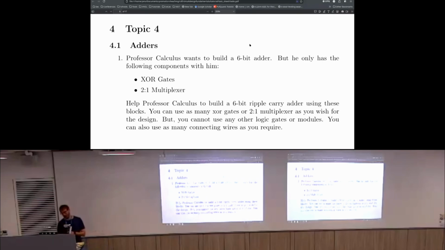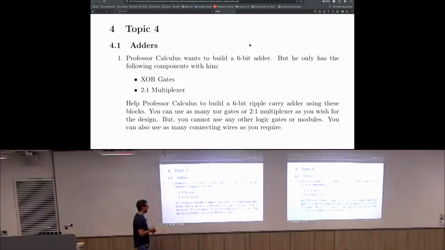And we have a task at hand where Professor Calculus wants to build a 6-bit adder, but he only has the following components with him. So he only has an XOR gate and a 2-to-1 multiplexer. So this is a different possibility for how to implement a 6-bit adder. Our task is now to implement a 6-bit ripple carry adder.